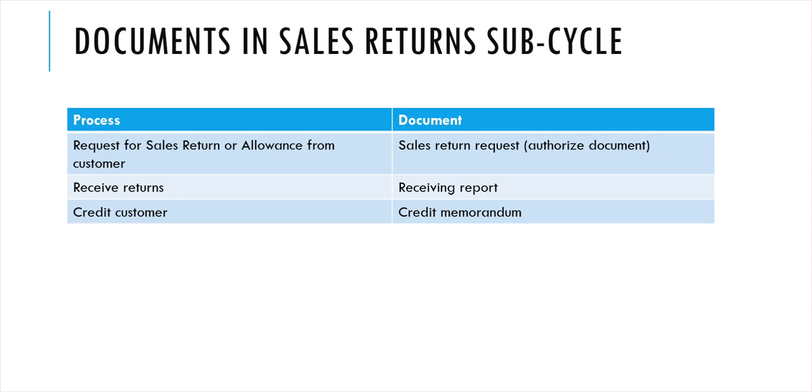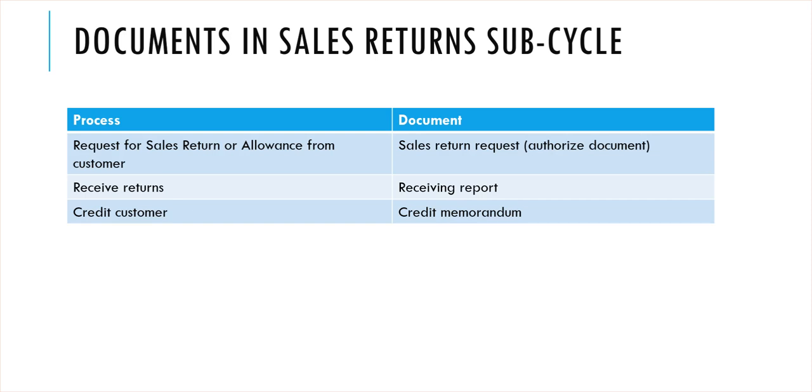And then the next thing that happens is if all is in order, if the first thing and the second thing match up, then we're going to actually give credit to the customer. It's called a credit memorandum, because what you'll be doing is crediting accounts receivable. Maybe that's an easy way for you to remember that. Credit accounts receivable.